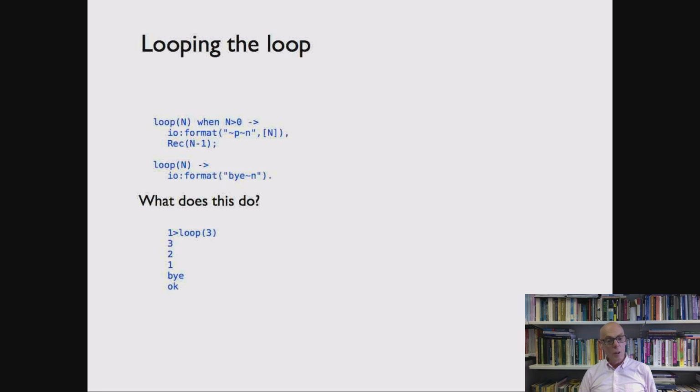And when loop is called in any other case, it just calls io:format with bye. What it does, if we call loop of 3, is it prints the result 3, then 2, then 1, then bye, and the final result of the last io:format is the value ok.